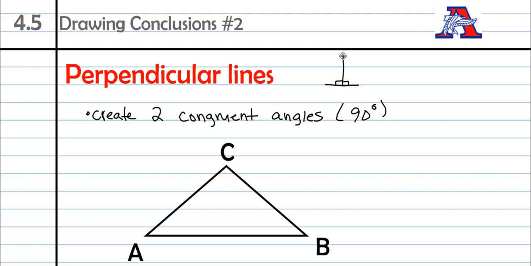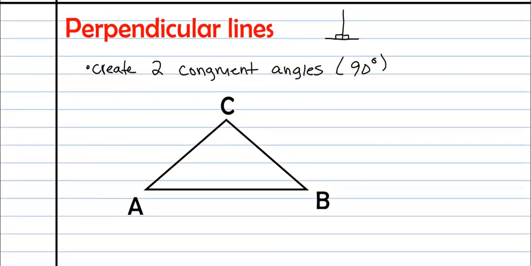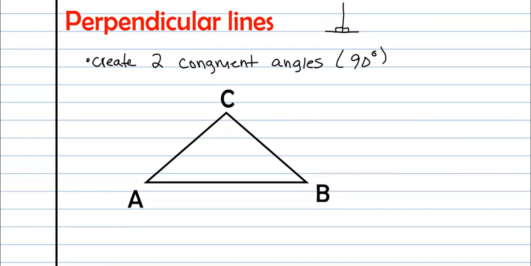Okay, so an example of what this would look like in our triangle unit, I have the triangle ABC here, and maybe I tell you that I'm going to create a new segment, and I'm going to call it CD. So I'm going to say CD is perpendicular, or we could use the words, but that's the symbol for it, to segment AB. All right.